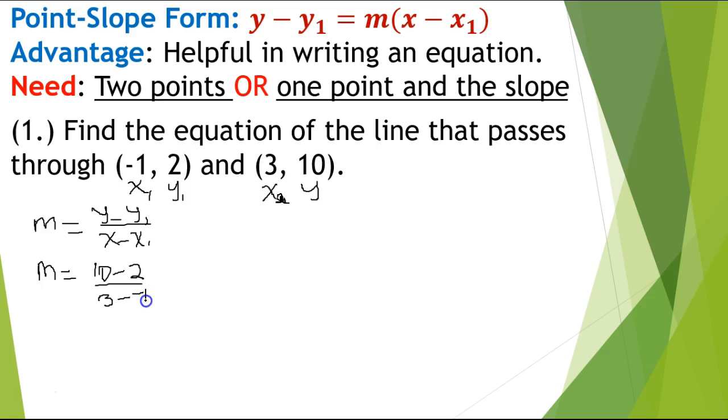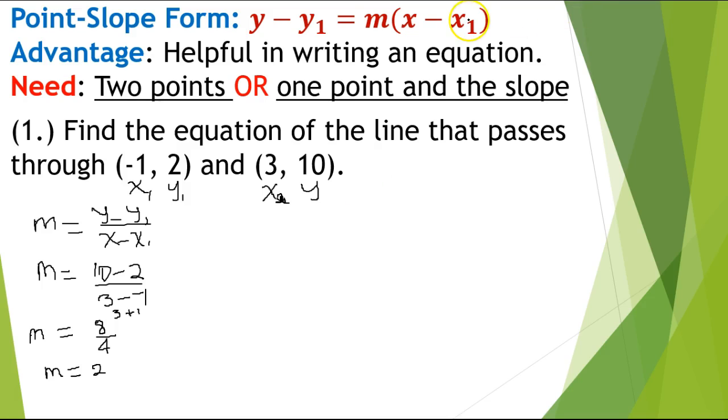So we simplify it. 10 minus 2 is 8, and 3 minus -1 becomes 3 plus 1, which is 4. So we simplify 8 over 4, which is 2. So our slope is 2.